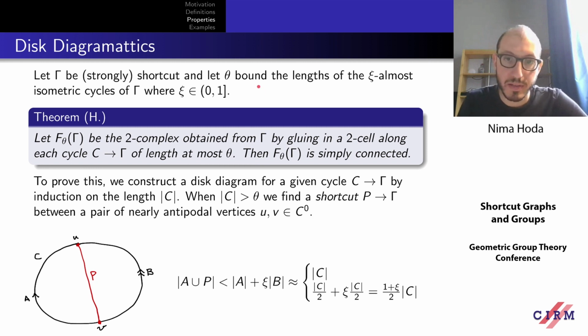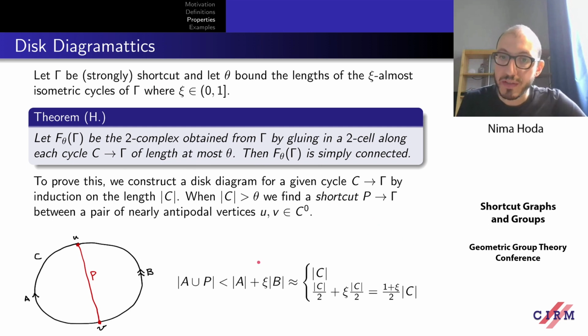Here psi is between 0 and 1, with 1 allowed in the case that gamma is shortcut but not strongly shortcut. We're going to construct a 2-complex from gamma by gluing in a 2-cell along each cycle of length at most theta. The conclusion is that this 2-complex, f sub theta of gamma, is simply connected.